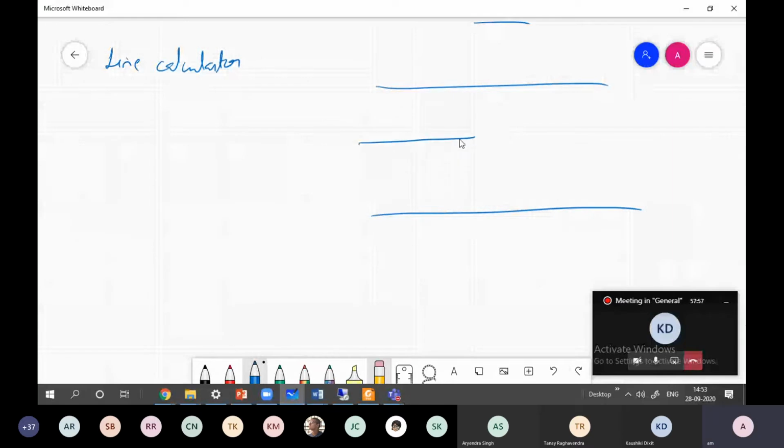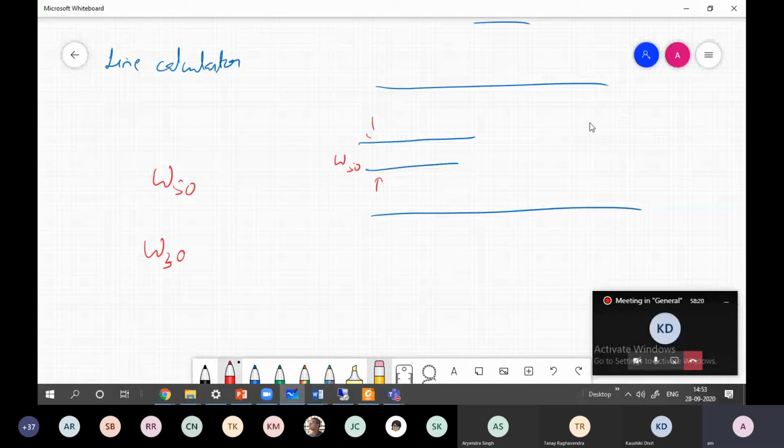This is your W50, which can be calculated from the line calculator, and you can calculate W30 also from the line calculator. W30 will be larger, because low impedance lines have larger width.